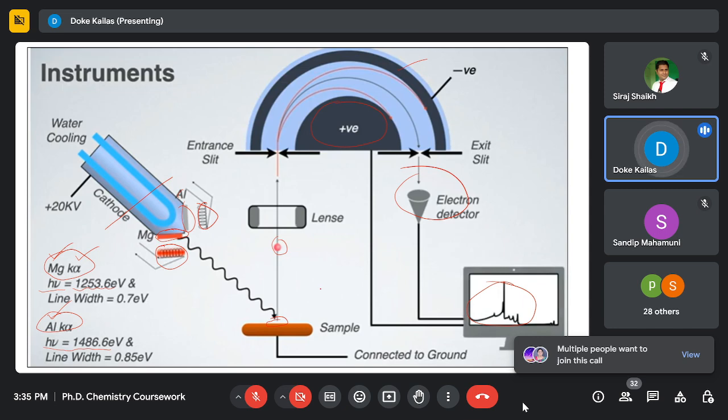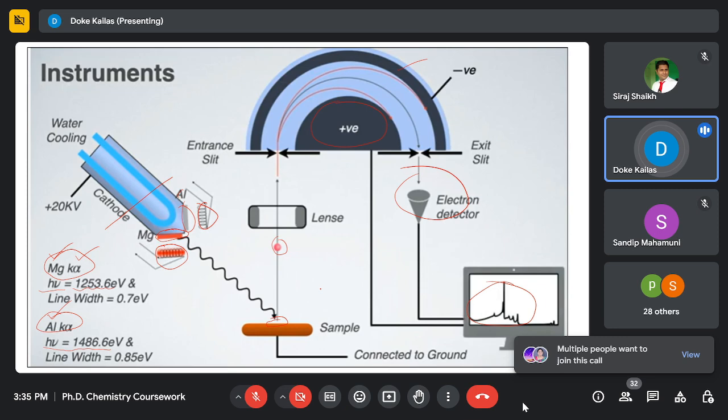So this is the basic instrumentation related to X-ray photoelectron spectroscopy. The most important requirement for this instrumentation is that it requires ultra high vacuum.